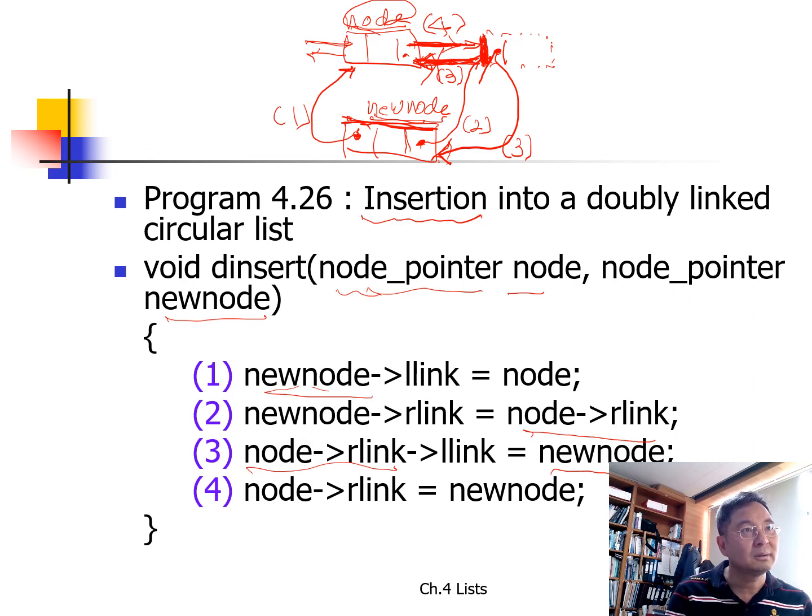So this becomes this one. Okay, so this was removed and this one. So that was a node's R link becomes a new node. Yes, so all of the connection between this one was deleted now.